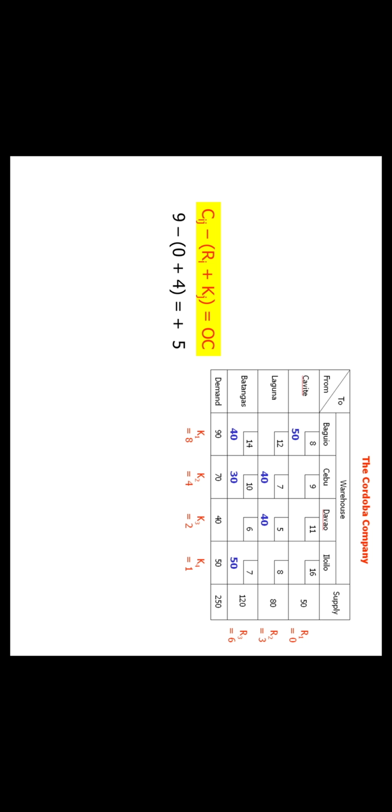After which, you assign your alternating symbols, beginning with a positive symbol on the unused cell that you are evaluating. So applying that, you would have plus 9 minus 10 is negative 1, plus 14 is positive 13, minus 8 is positive 5. The same as what we got as our opportunity cost. Okay?